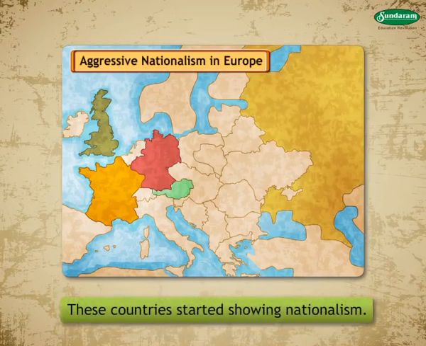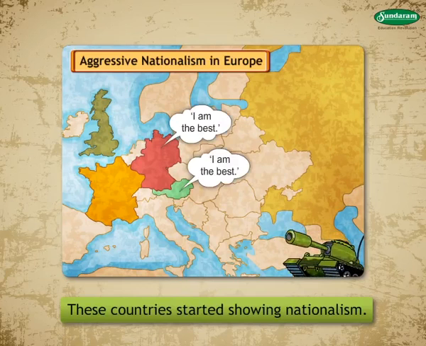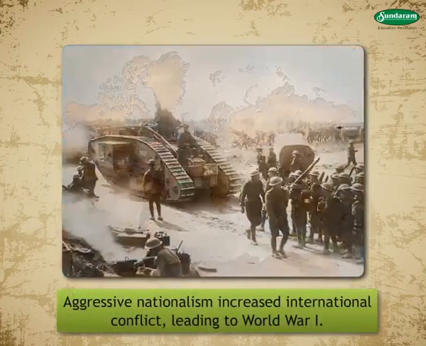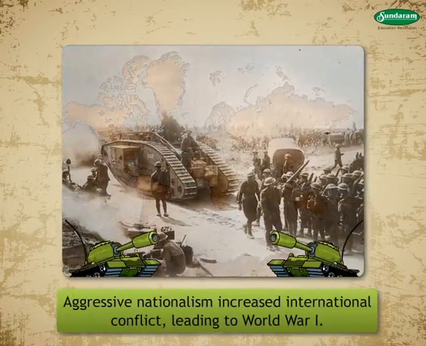As the power of these countries increased, they started showing nationalism. Each country believed that it was the best and the other countries were lesser in stature. Aggressive nationalism increased international conflict, leading to World War I.